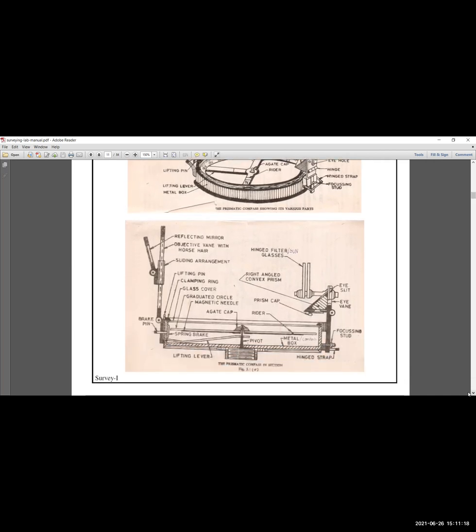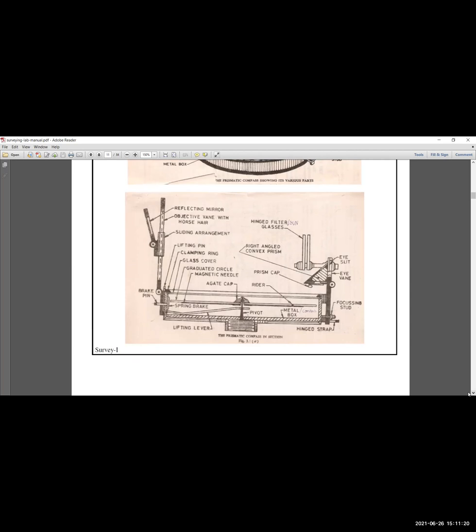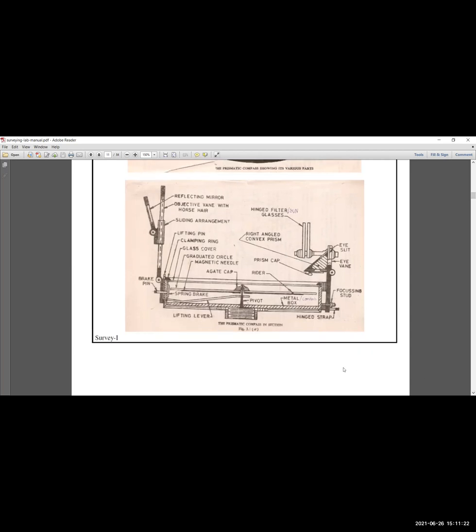See, this is a line diagram of the prismatic compass. This is the reflecting mirror attached with the object vane.